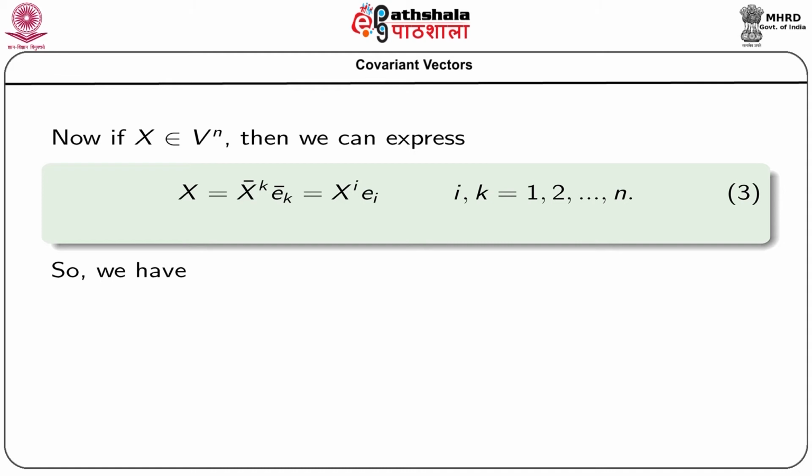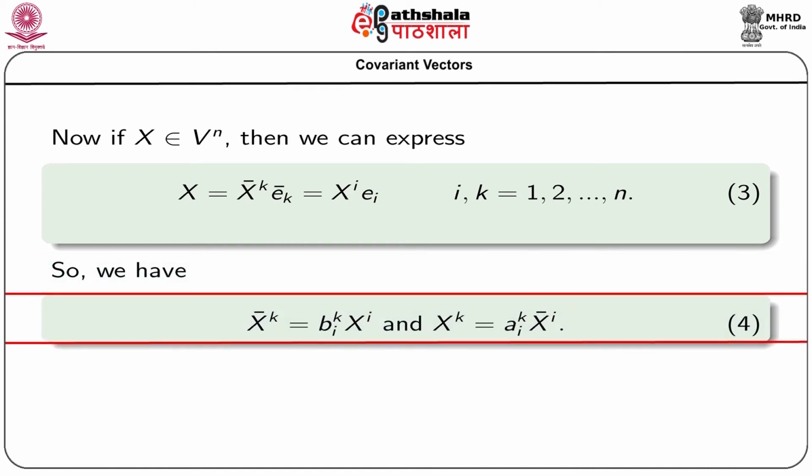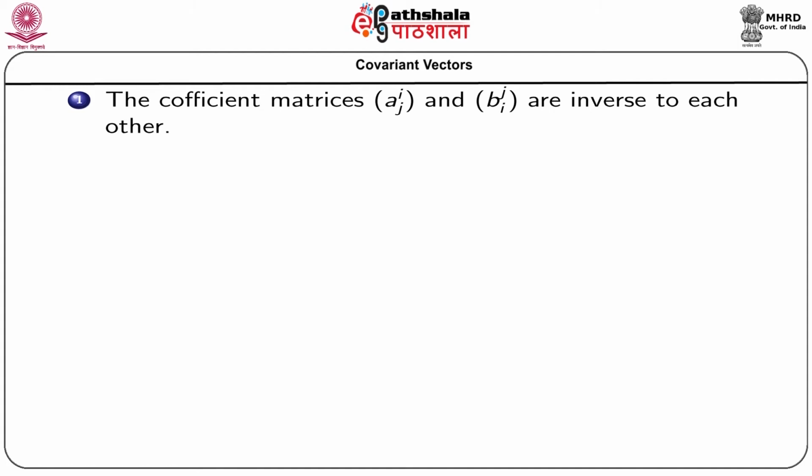So, if we replace these basis vectors by the previous transformations, then we have x bar^k equals B^k_i x^i and x^k equals A^k_i x bar^i. From these expressions we see that the coefficient matrices A^i_j and B^j_i are inverse to each other. This is our first observation.